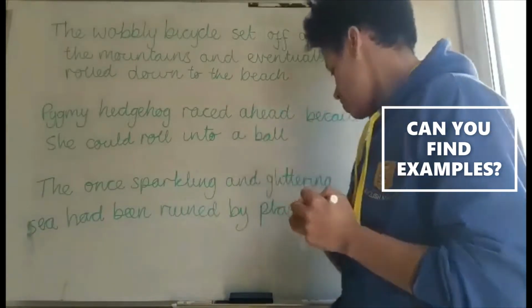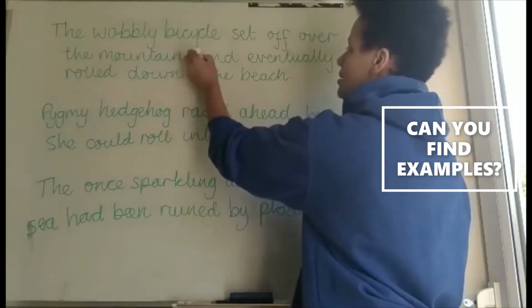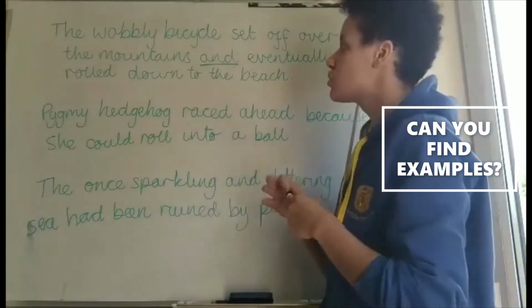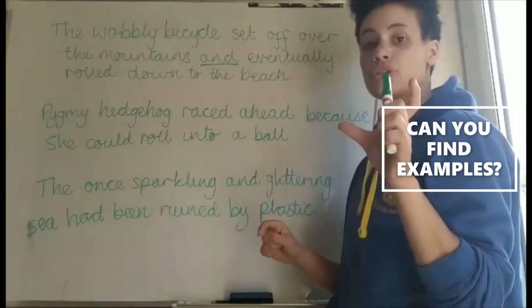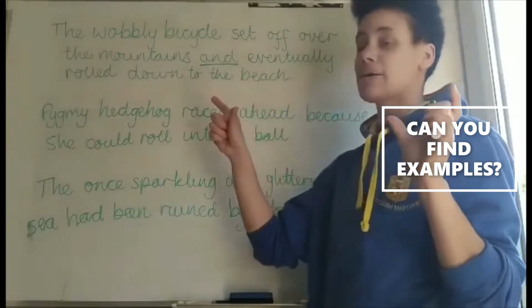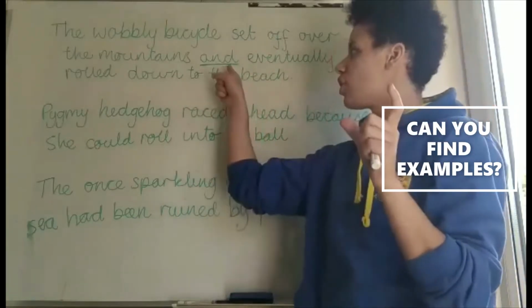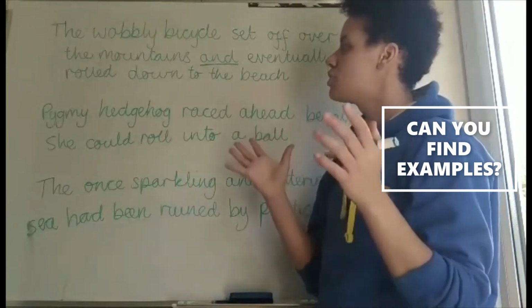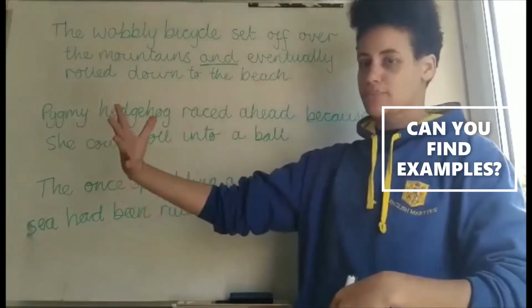Well, you should have spotted, obviously, the and here. And is our coordinating conjunction, so we've got two halves of our sentence. The wobbly bicycle set off over the mountains, eventually rolled down to the beach. Okay, so we can put them together and you've got our coordinating conjunction that's going to join them together. We've got two different ideas. The bicycle's setting off, the bicycle's rolling down to the beach.